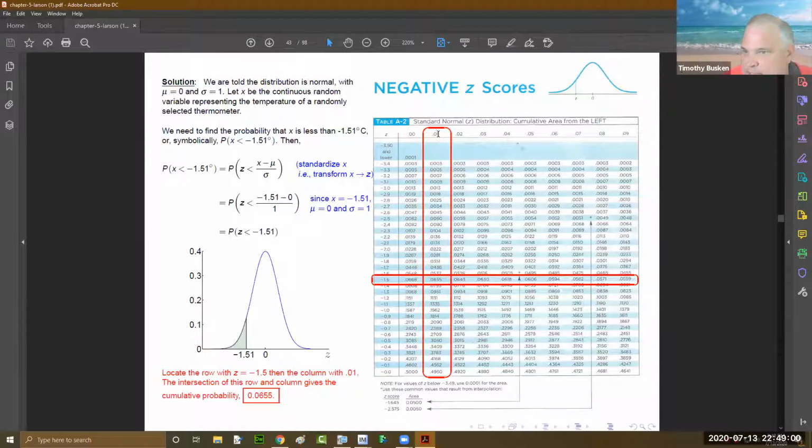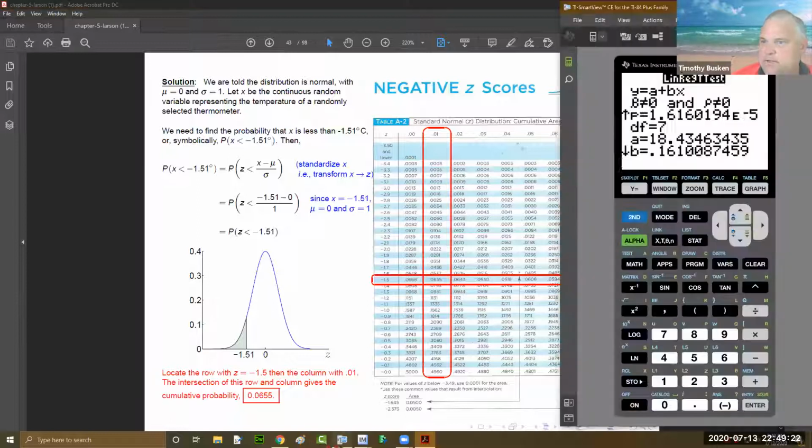The intersection of this row and column gives us this probability right here, 0.0655. So the answer to the question is about 6.55%. It's just equal to the cumulative area to the left of z equals negative 1.5.